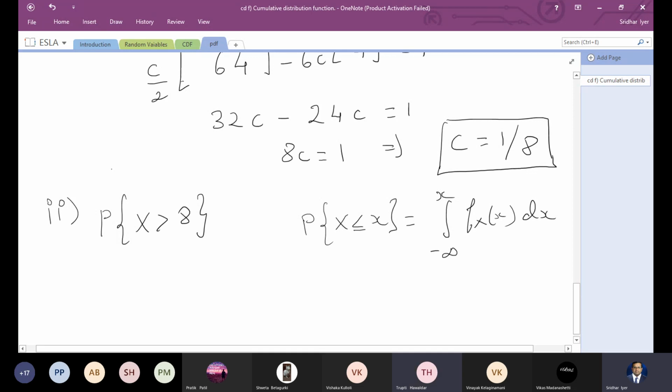Okay, so you can see here what we are asked to calculate is x greater than 8. However, what is given in the property is X less than or equal to x, right? So directly I cannot apply this property. So what should I do? What can I do?